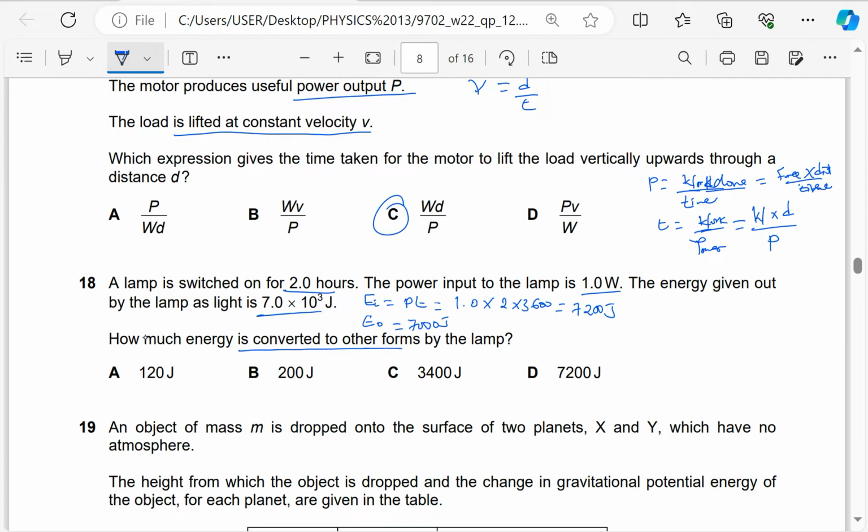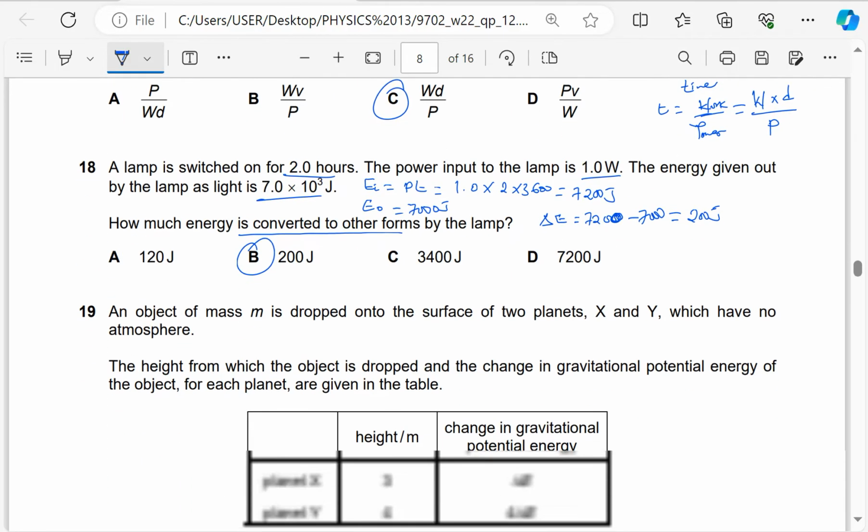So it is just the difference in that energy. So the energy difference is going to be 7,200 minus 7,000, which is simply 200 joules. So the answer is going to be B.